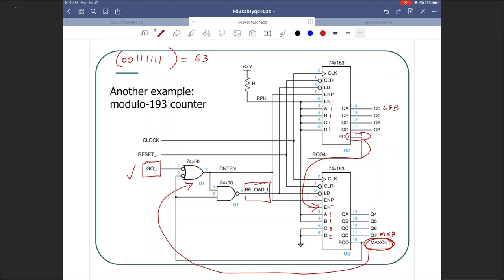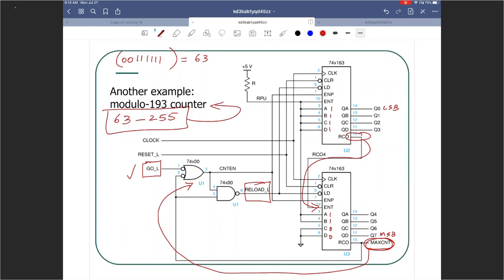So we are going from 63 to 255. 63 to 255 is 193 different states for the counter. So that's what we are doing in this particular example. Load 63 into the counter when you detect 255. And we are detecting 255 by looking at the RCO output of the second 163 chip.